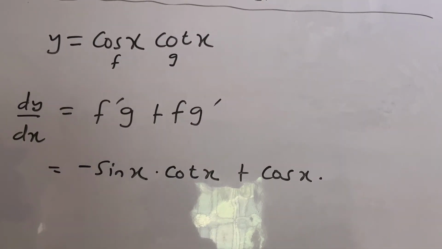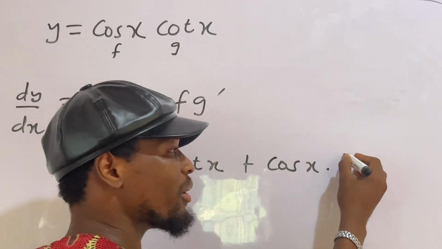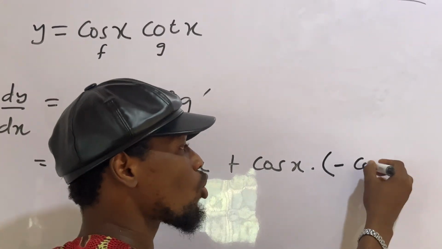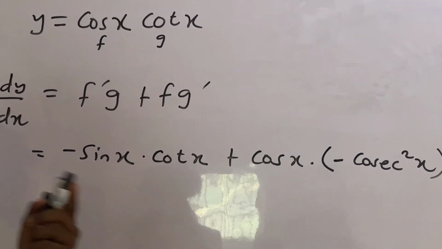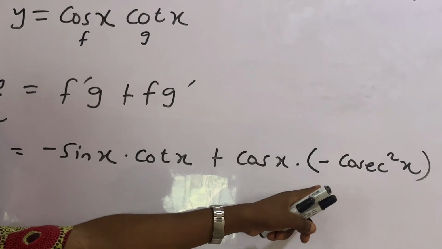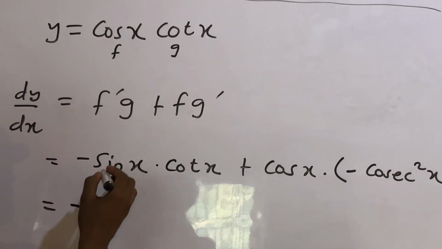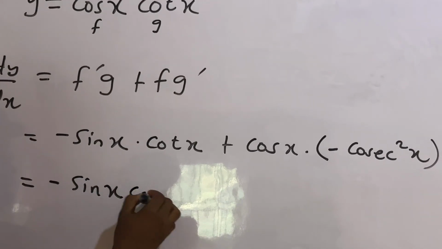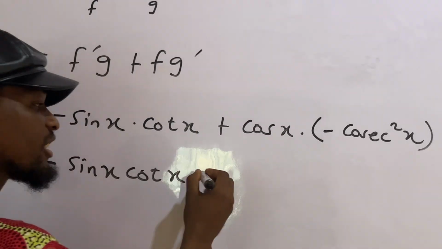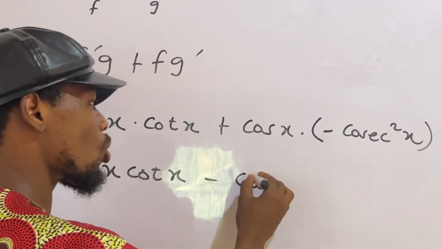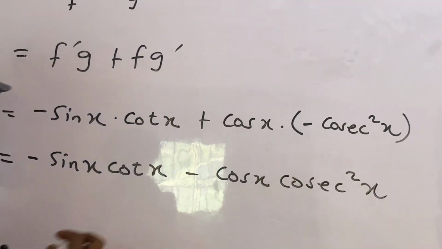If I differentiate cotangent of x, I have negative cosec squared x. We've been doing these things all this while, so you should be able to recall by now. So I have negative sine x, then cos x. Negative and positive, when they commute, we have negative, then I have cos x, then cosec squared x.